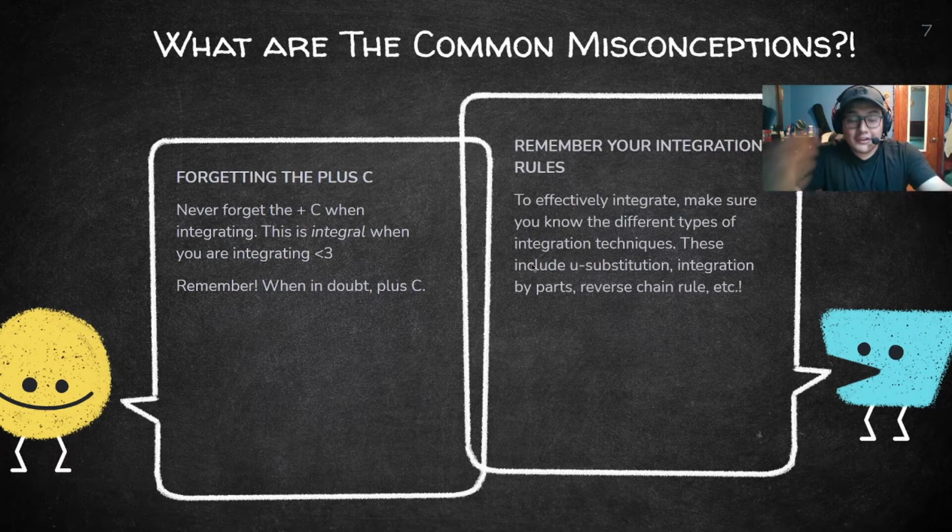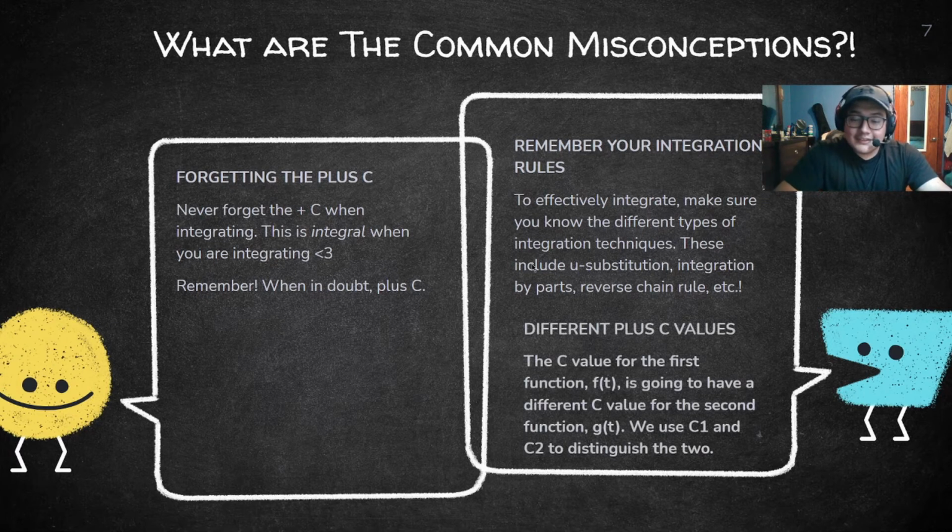To effectively integrate, make sure you know the different integration techniques, like u-substitution, integration by parts, partial fractions, etc. Different plus c values: the c value for the first function, f of t, is going to be different from the c value for the second function, g of t. We use c subscript 1 and c subscript 2 to distinguish the two. You'll see this in the examples we're going to do right now.